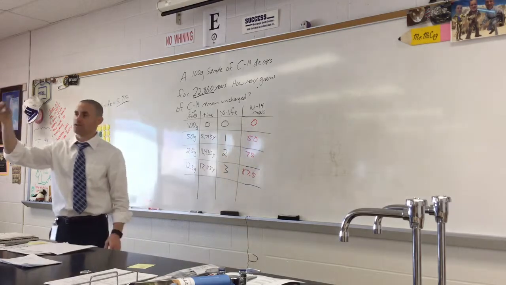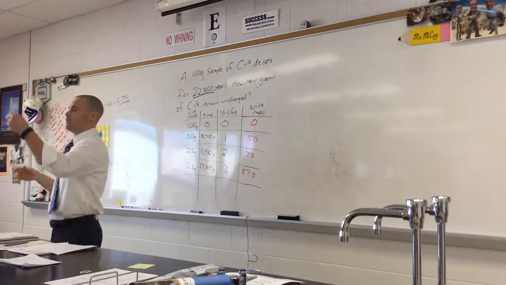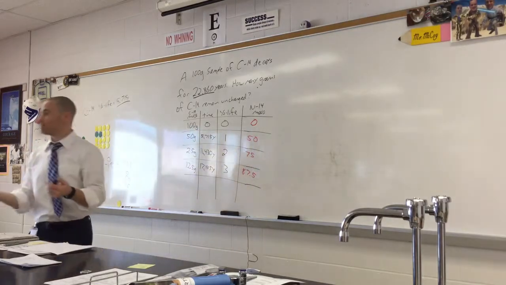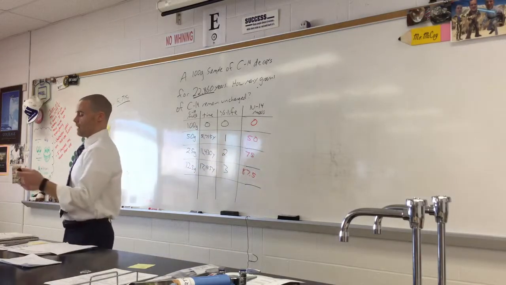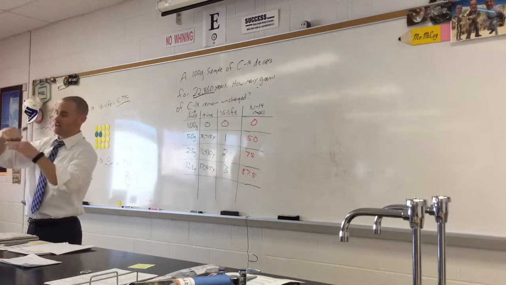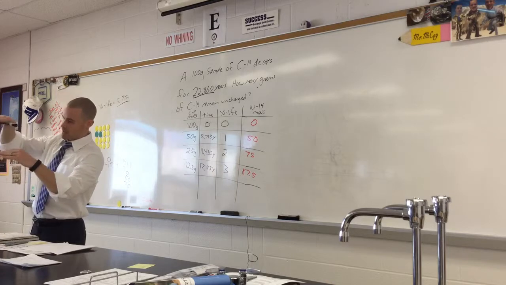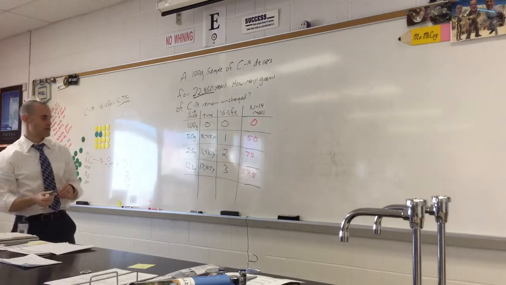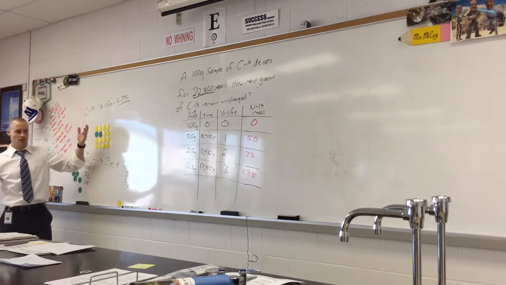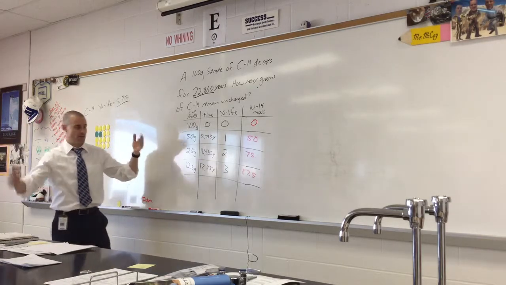If this is made of trillions and trillions, it's going to take a long time to get down to 1 atom, right? And you can't have half an atom. So it's either 1 atom or no atoms. So that's why your half-life graph, which I'll draw, will never really reach that x-axis. It'll start to kind of level off, but it'll never really reach it. It can't. You can't have half an atom.